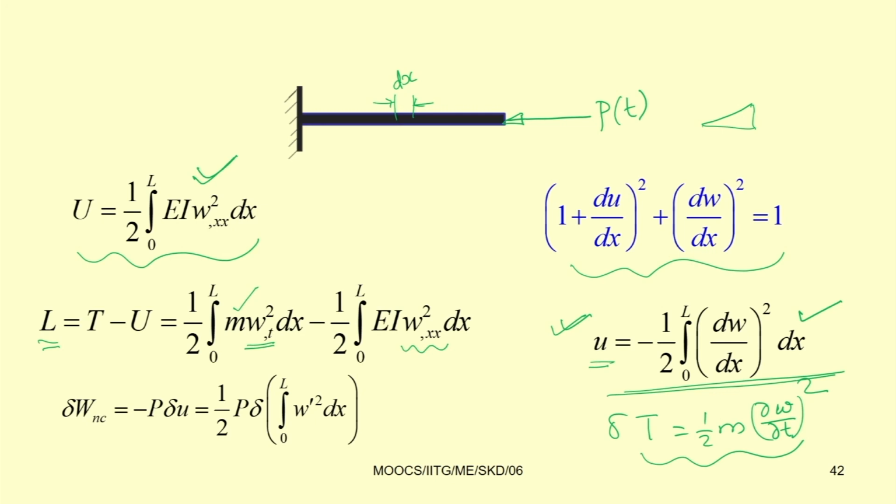Now you have to find the work done due to the non-conservative force, that is, due to this force P(t). Delta W_NC will be equal to minus P delta U. As we are putting this compressive force and assuming that U is taking place towards the right, work done equals minus P into delta U. That is equal to half P into, substituting the expression for U, half P delta integral 0 to L W dash square dx.